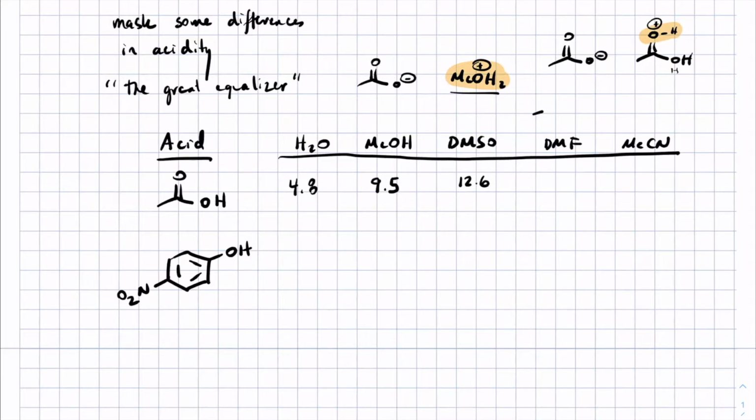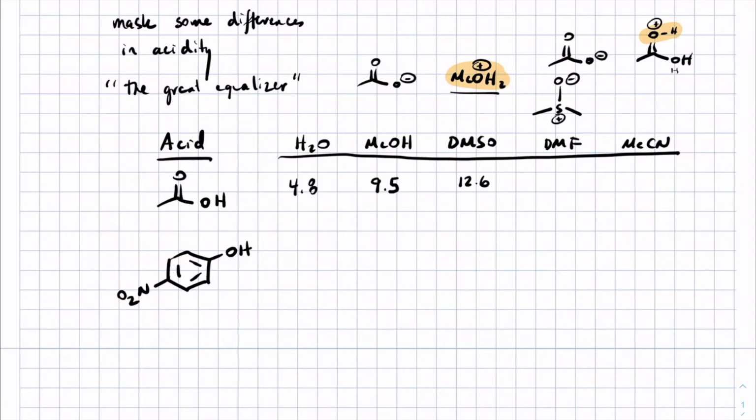What is it for DMSO? Well, DMSO, you can write a resonance structure like this, so it's probably the negatively charged oxygen. What is it on DMF? I don't know. What is it on acetonitrile? Is the proton getting donated to acetonitrile or another acetic acid? Yeah. And in general, they've done these experiments with indicators, and so it's a bit confusing as to what the right way to think about it is.